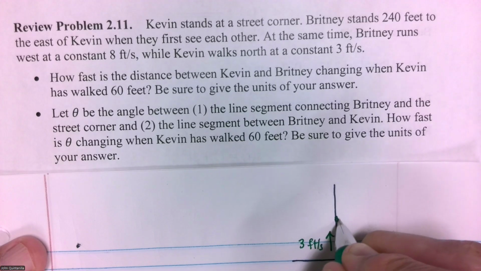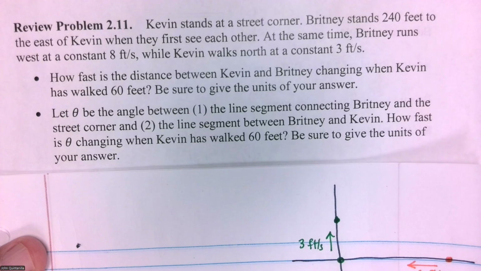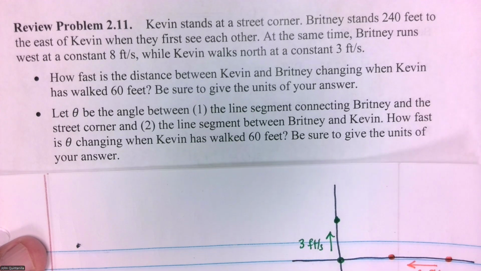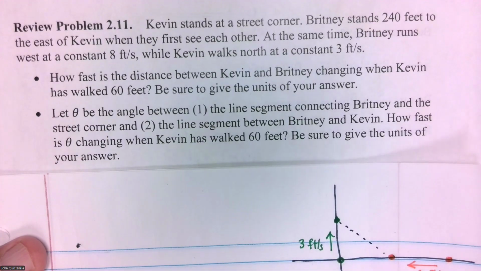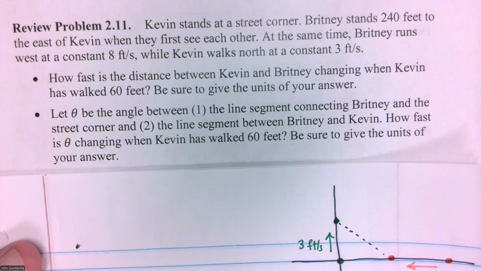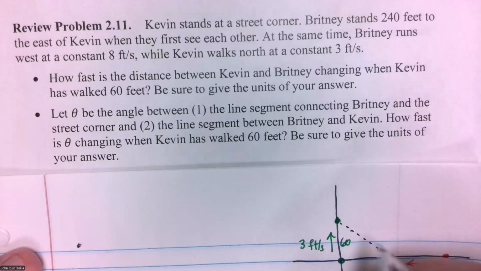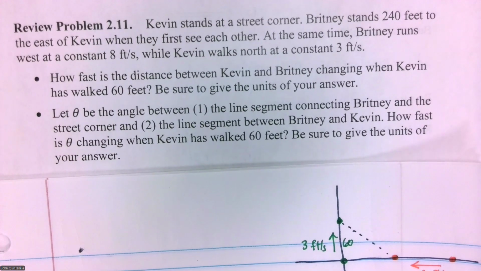At some future point, Kevin is maybe here, and Brittany is maybe here. The question is, how fast is the distance between them changing at this moment? We're also given that this moment occurs when Kevin has walked 60 feet away from the corner.